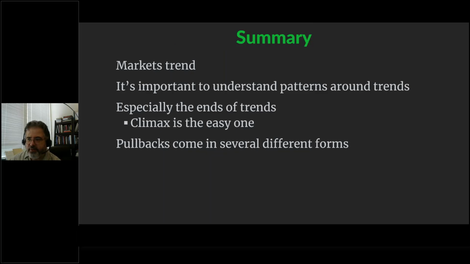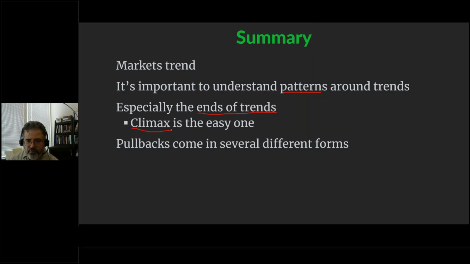Summary: markets trend. There's debate on that. People who say they don't trend are wrong. Markets do trend. They also chop sideways. There is a good deal of unpredictability here, but there are patterns around how trends begin and how trends end. It's especially important to understand the patterns that occur around the end of a trend.